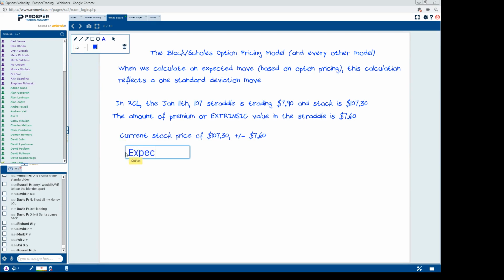So that expected range is going to be 99.70 up to 114.90. Here is the important part. That expected range, because of the math behind the Black-Scholes pricing model, is with a 1 standard deviation probability.